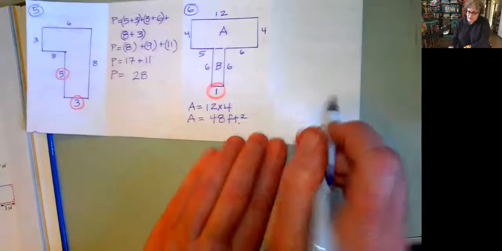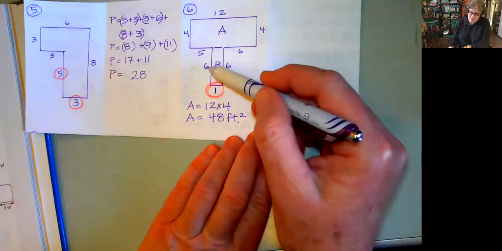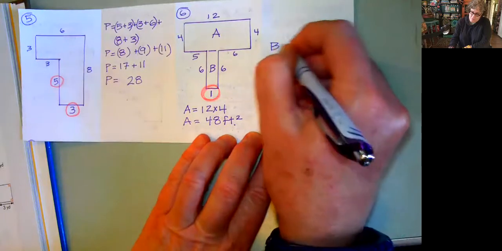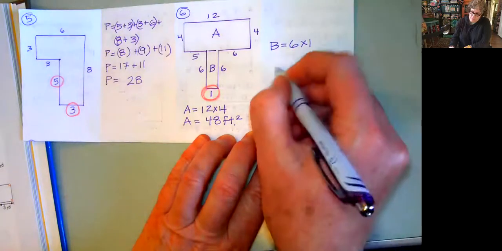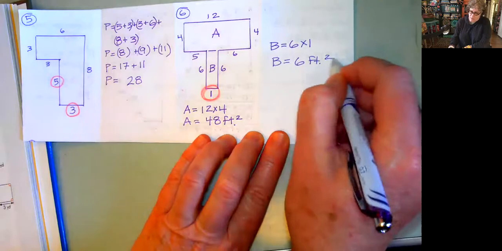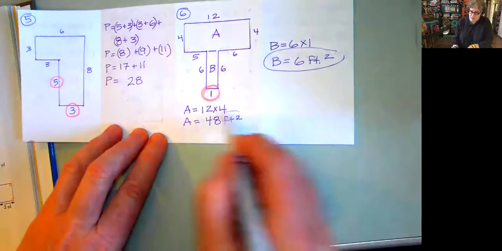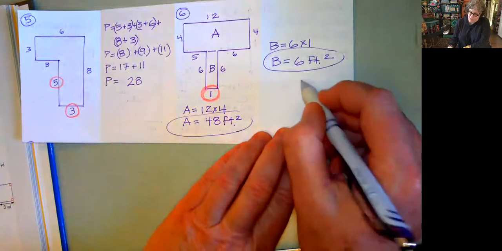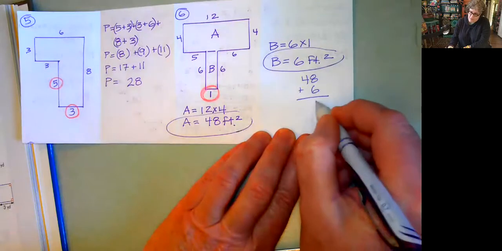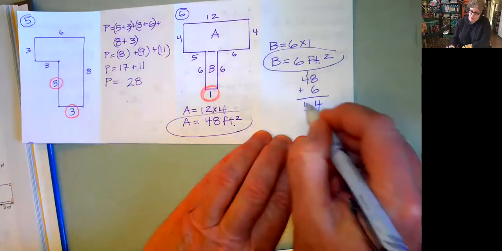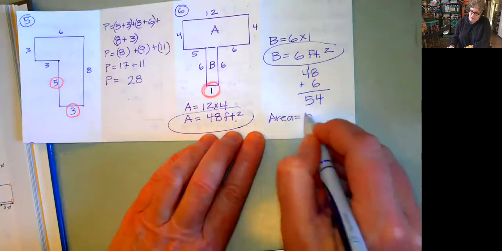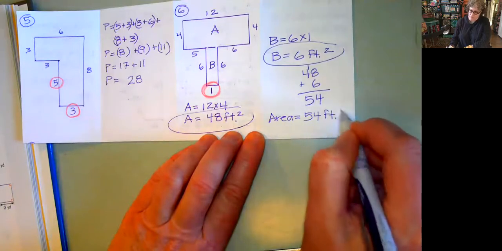Now if we're going to find B, we know that this is 6, and this is 1. 6 times 1 is 6. So we're going to add this plus this: 48 plus 6 is 54. So the area is 54 feet squared of both of them together.